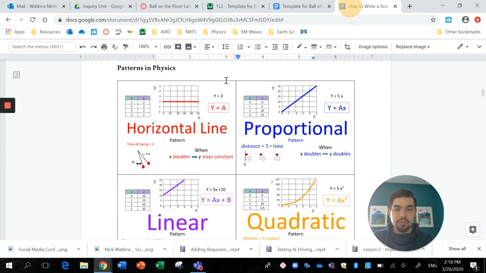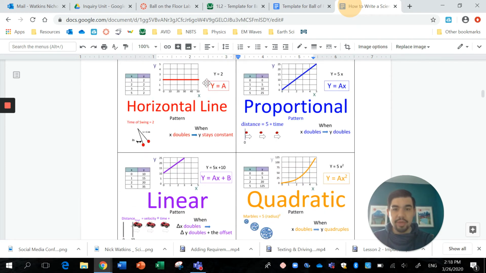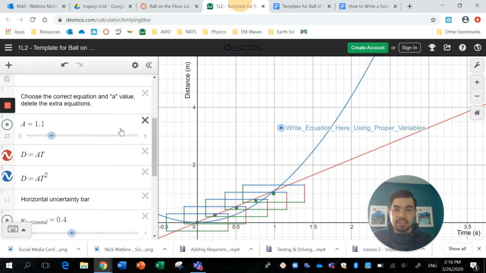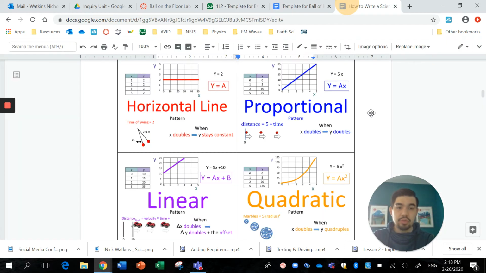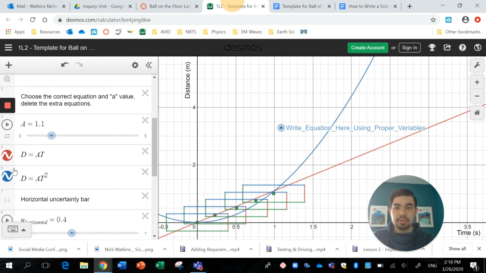Each pattern has a different format for its formula. Proportional is y equals AX, which in this case, instead of y, we have D: D equals AT, where T is our x variable, time. We also have quadratic, y equals AX squared, which in this case is D equals AT squared.